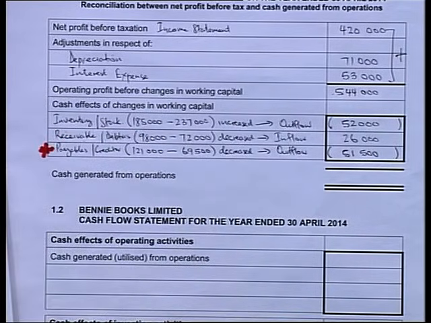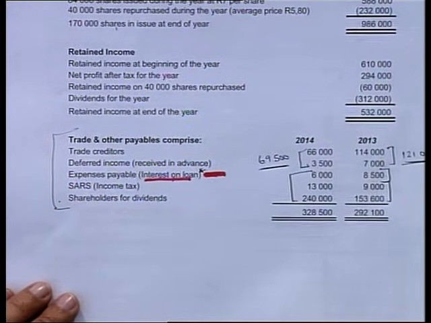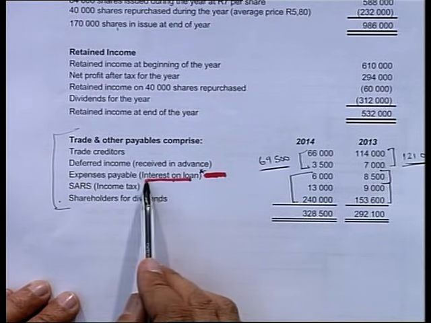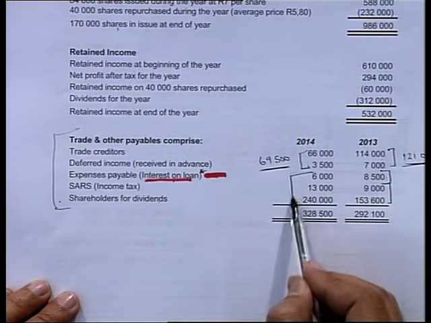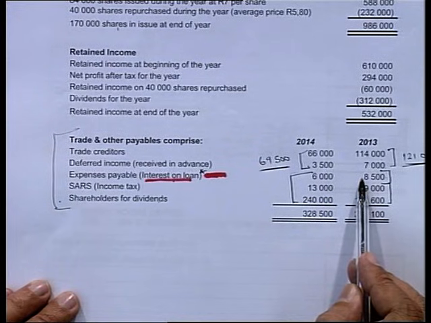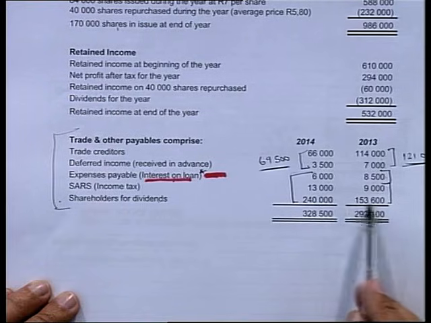Okay, let me just mark this one here. That was now something different because the payables, just back to the note quickly, the note for the payables, because they indicated that the expenses payable is interest on loan, so we have to discard that as well. So you're discarding the interest, the expenses payable, the SARS balances, and the balances of the shareholders.